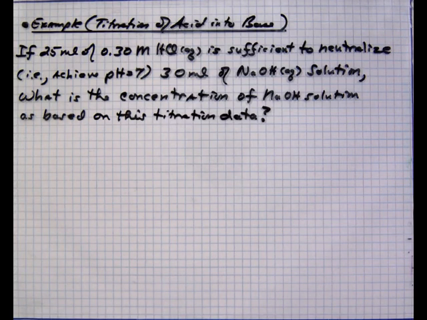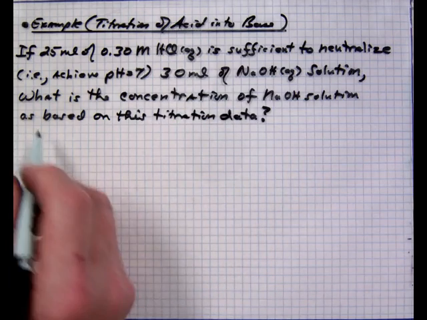Let's say 25 milliliters of 0.30 molar hydrochloric acid that you made is sufficient to neutralize, or achieve the pH of 7 if you're monitoring, 30 milliliters of a sodium hydroxide solution. What's the concentration of the sodium hydroxide solution based on this titration data?